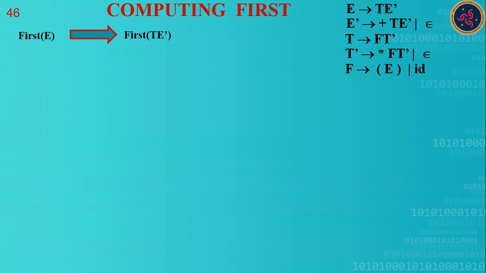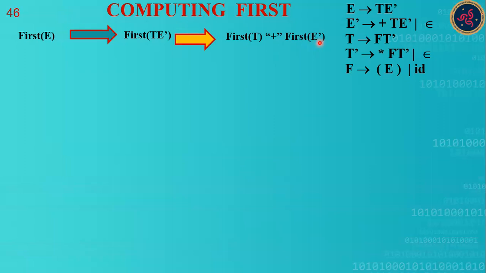Suppose there is a chance of T being epsilon. If T can take the value of epsilon, then the first will be E prime, right? So here we need to consider both first of T and first of E prime.